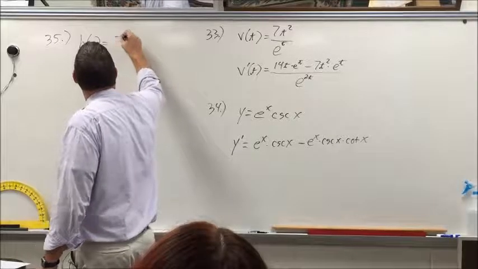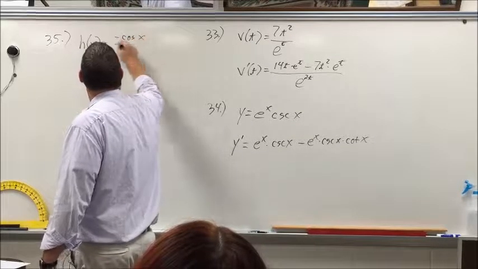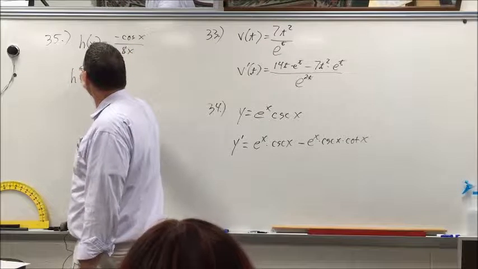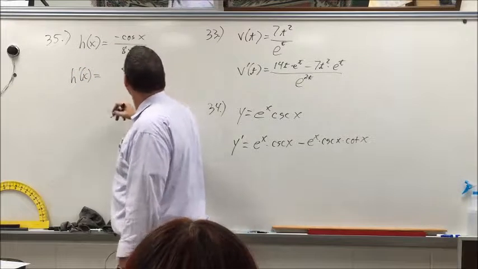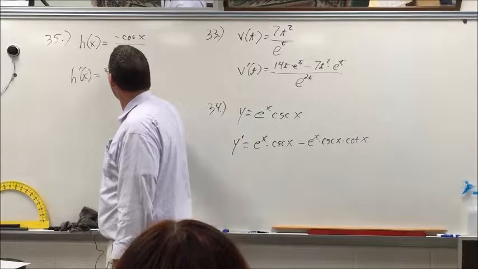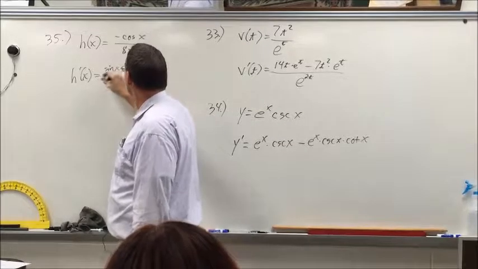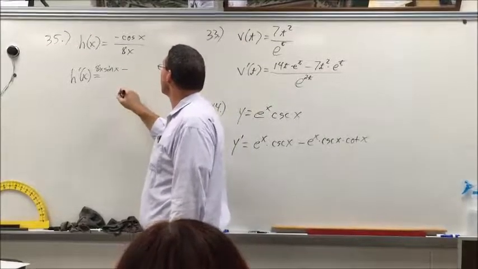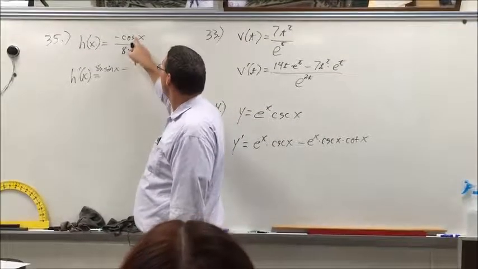H of x is negative cosine over 8x. Okay, good. H prime is going to be sine of x, the derivative of the top, times the bottom, 8. I'm going to put the 8x at the front, if you don't mind. All right, minus the top.